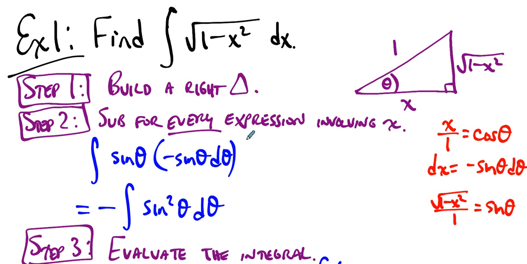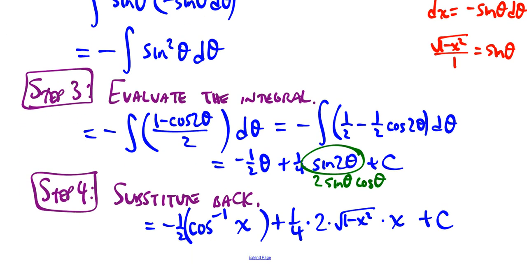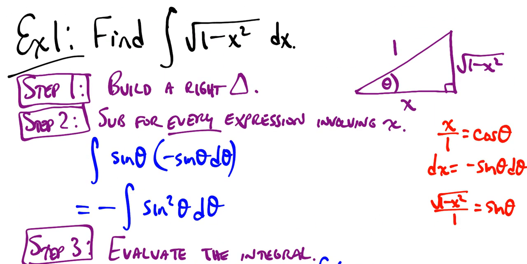We substitute for every expression with an x in it. We evaluate the integral, which is why this lesson had to follow the last one, and then we substitute back. I'm going to do another screencast that's going to do 2 more examples if those would be helpful to you. Hope this is a good start.